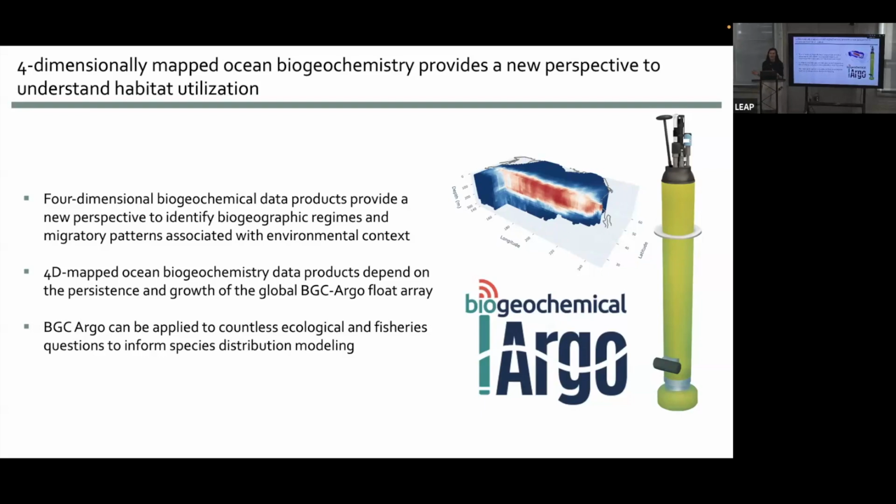Continuation of these types of advances in species distribution modeling depends on the persistence and growth of the Argo float array. But again, the framework that we presented here has broad applications across contexts in the marine environment, anywhere from improving bycatch avoidance to informing fisheries management and conservation.